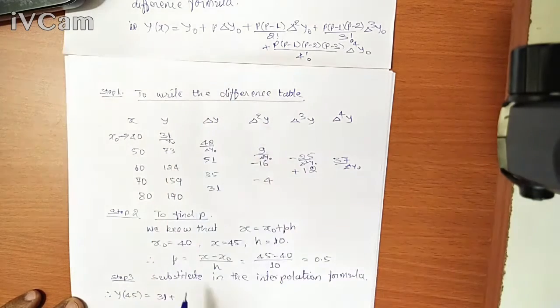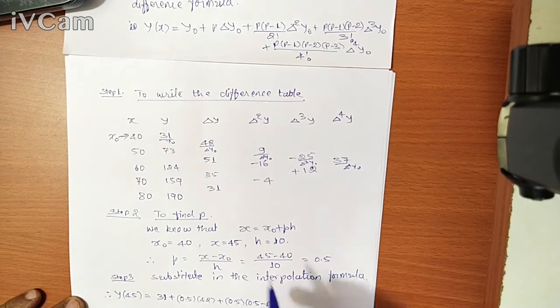Here p is 0.5. So 0.5 times del of y naught, which is 42. Then plus p into p minus 1, that is 0.5 into 0.5 minus 1, times del squared of y naught. Del squared of y naught is 9.